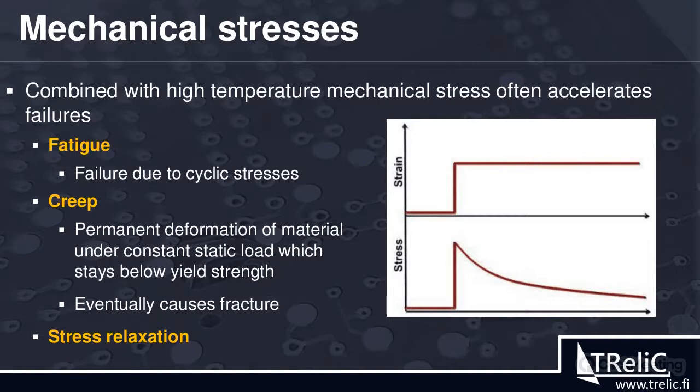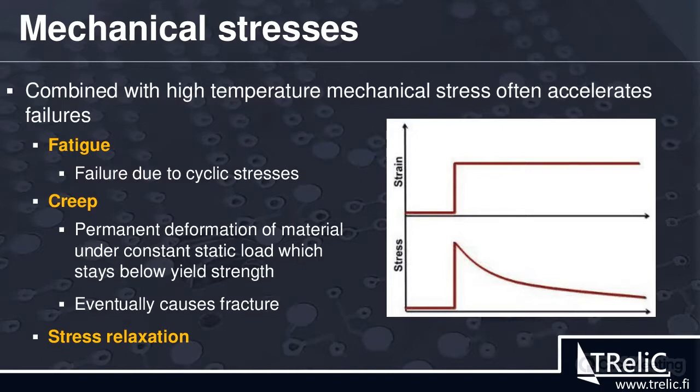So a single exposure to such a stress doesn't really cause anything. But then when we have thousands or even millions of cycles, eventually the structure will fail and crack. So this kind of fatigue cracking is probably the most common reason for failures in most of the use areas.